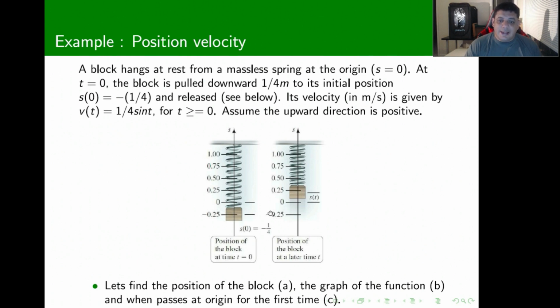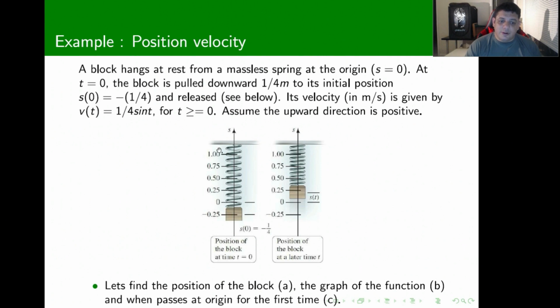And this is going to go for t that is positive. Let's assume that the upward direction is going to be positive in the movement, and going down is going to be negative. So we can relate the setup as follows. We have the block hanging here from the spring, and because we're moving it 1/4 from the original position, you can see that it's going to be below the zero.